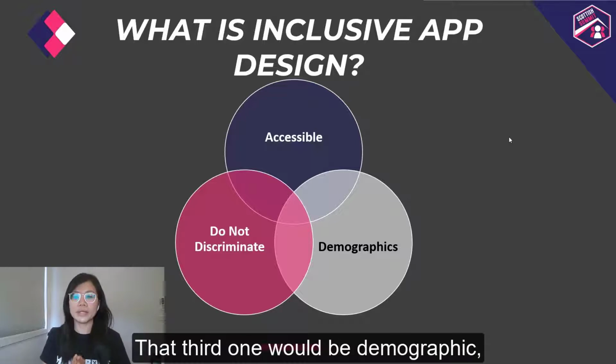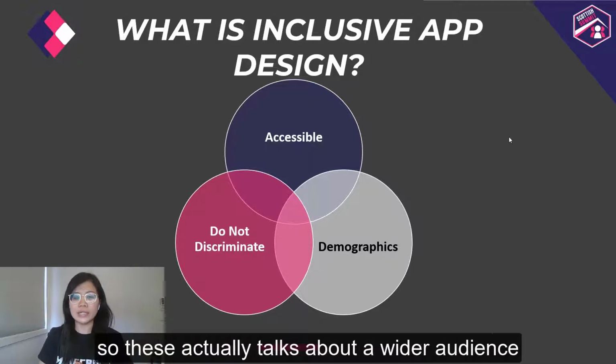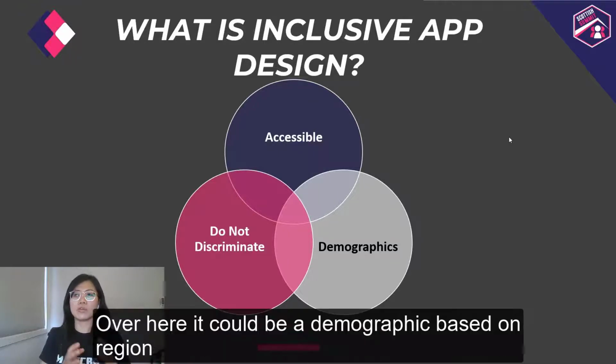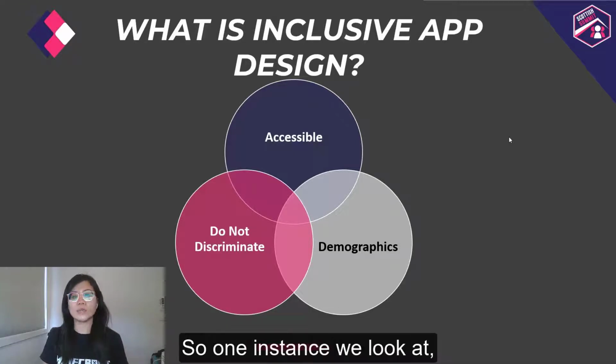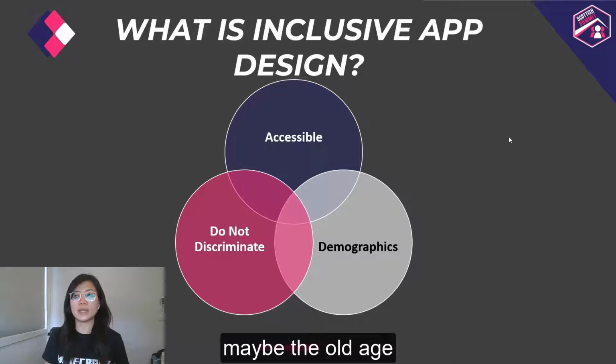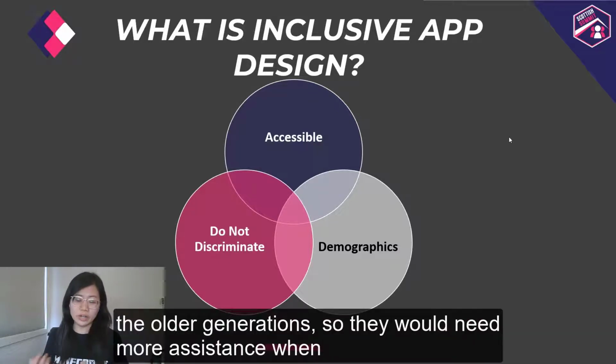The third one would be demographic. This talks about a wider audience. It could be a demographic based on region or the type of people. For instance, we look at the older generations.